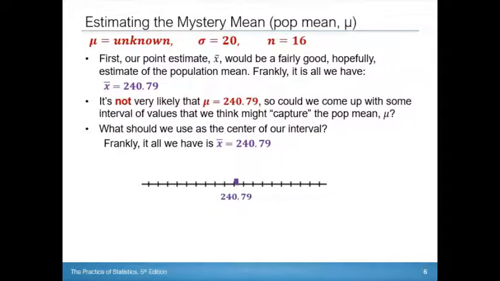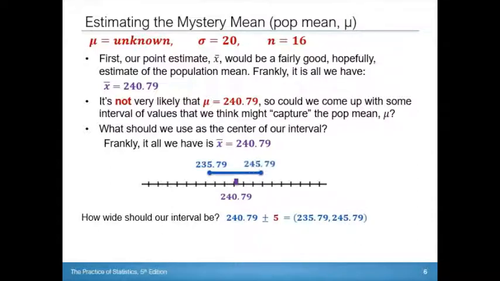If we think about plotting that 240.79 on a number line, how wide should that interval be? We could start with that value and go plus or minus 5. So we would get some sort of interval similar to this. Let's count this as the interval and hope the mean is between those two.